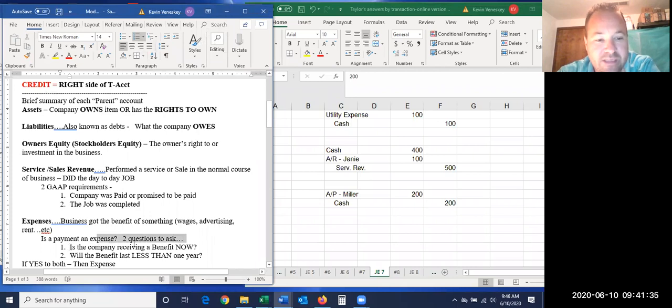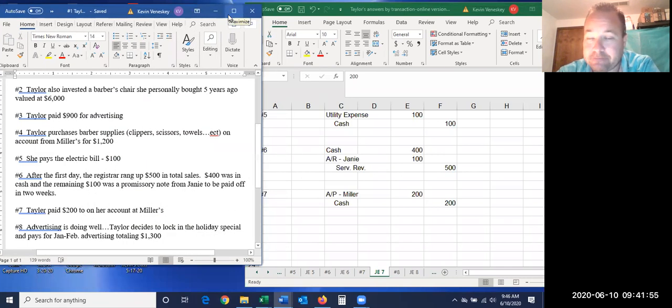You have to ask, is the company receiving the benefit now? And the answer is no, we're not. So if something is not an expense, it usually reverts back up to an asset. It's something that we either own or have the rights to. And we have the rights to future advertising. So we call that a prepaid expense.